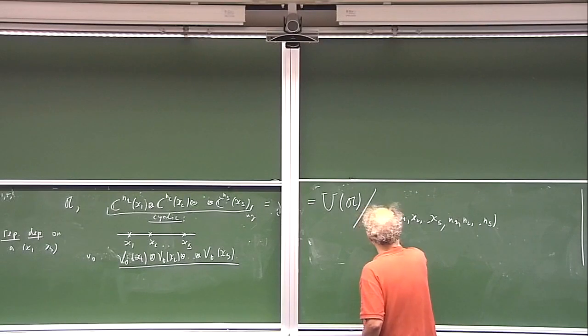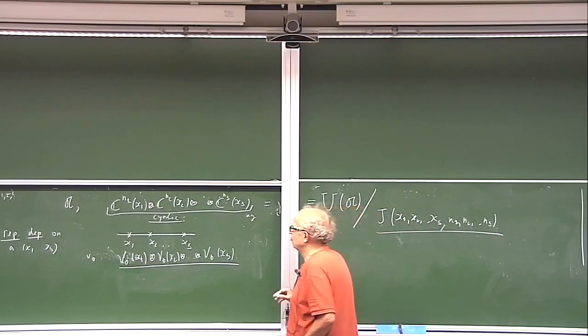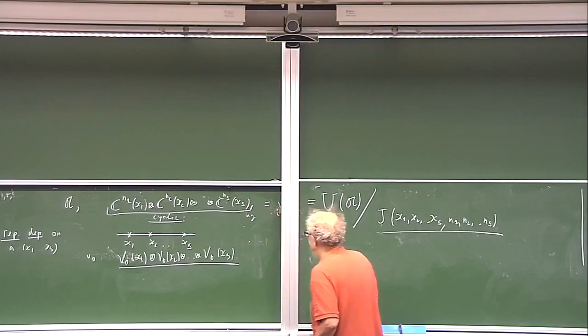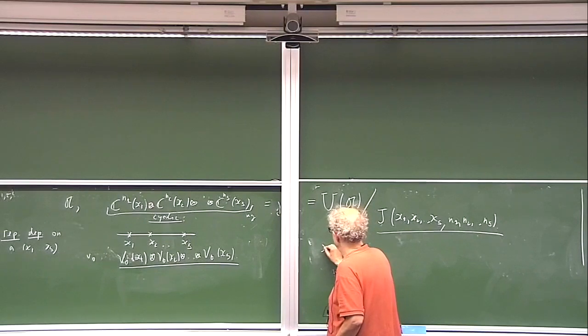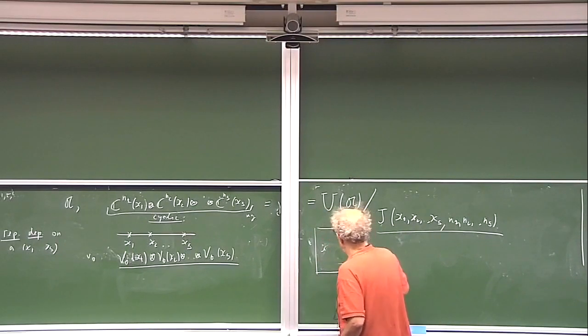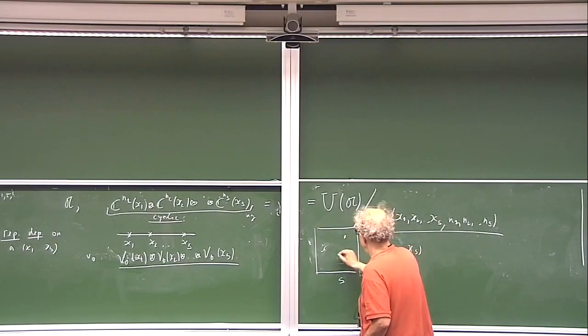So if we define fusion in a rather abstract way, we can just say: I have an S-dimensional space, and x1, x2, and so on, xs is some point here.